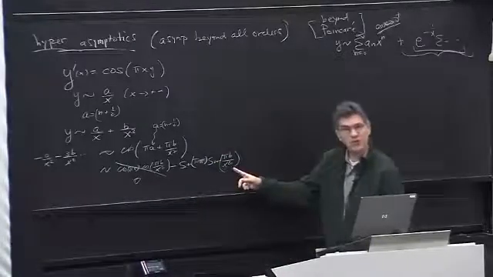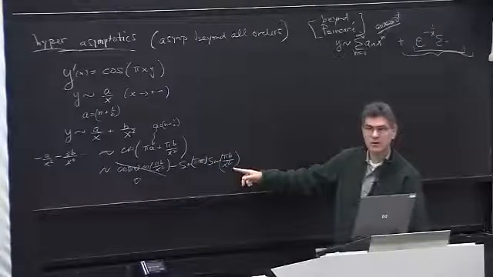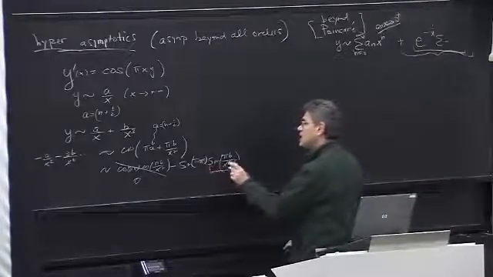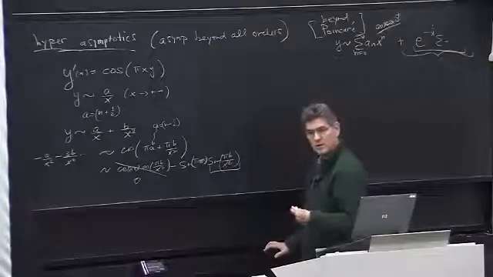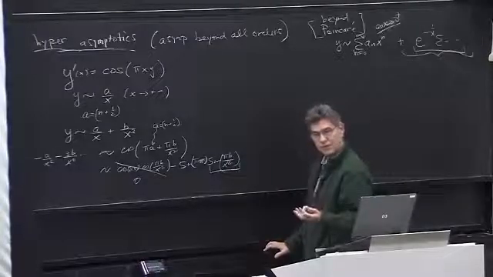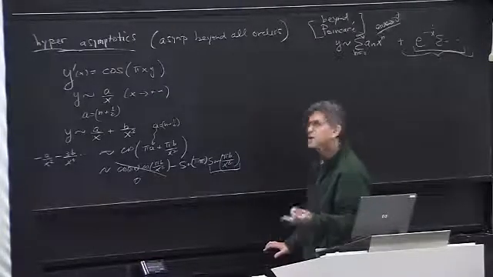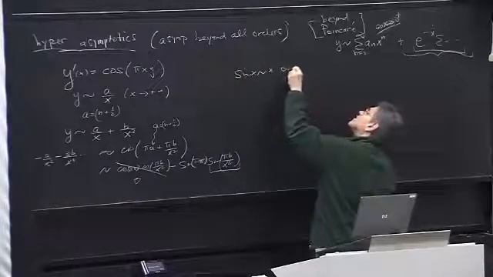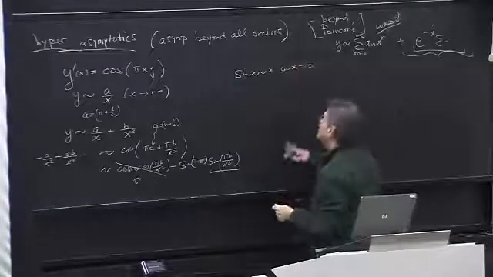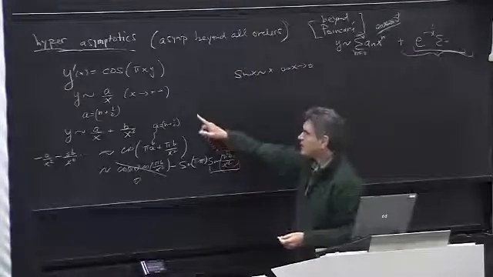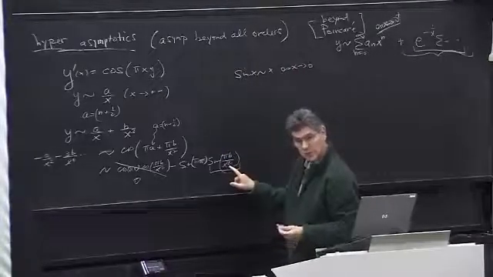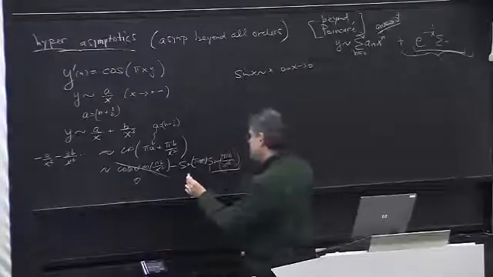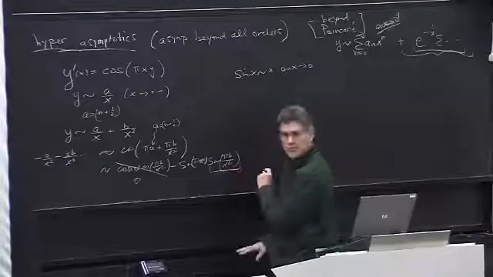And when x is large, sine of a small argument is just the argument. Remember, sine of x is asymptotic to x as x goes to 0. This is as x goes to infinity, but it's 1 over x squared. So therefore, this is going to go like 1 over x squared.